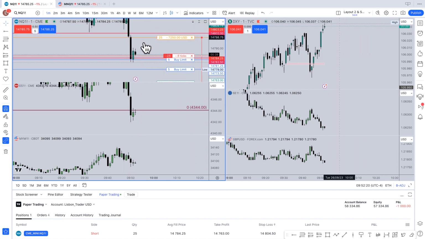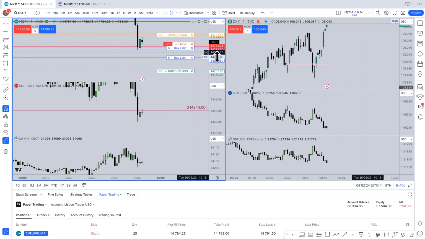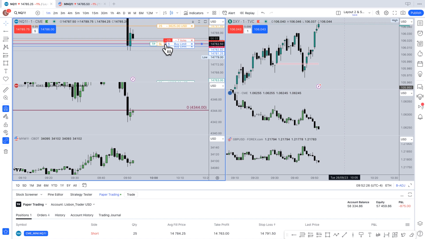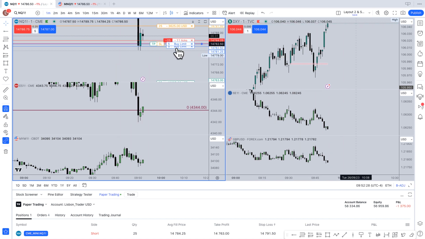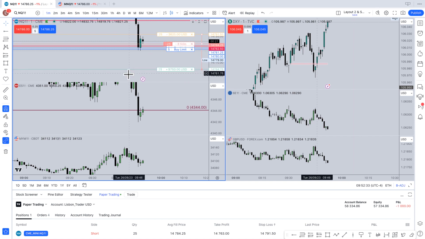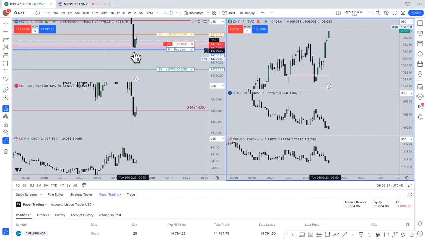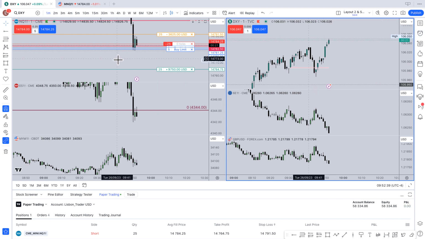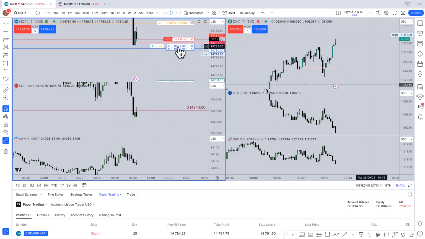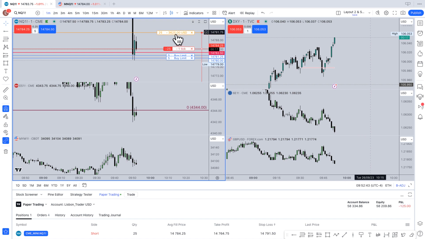Nah, we'll abort this. Don't like it. Should be moving lower. TXY is still pushing. Okay. Might go lower now.